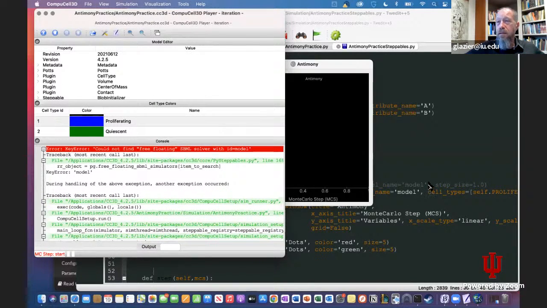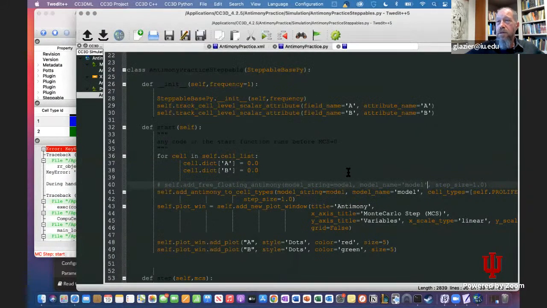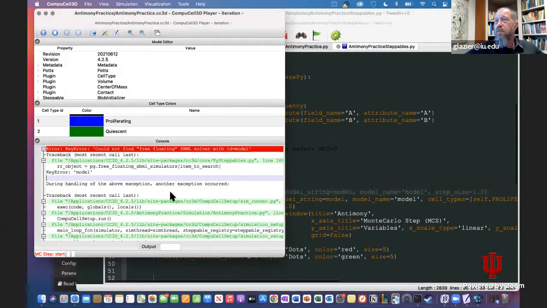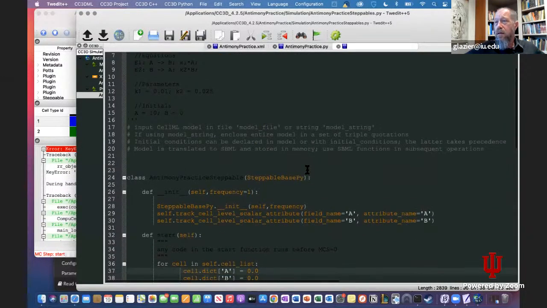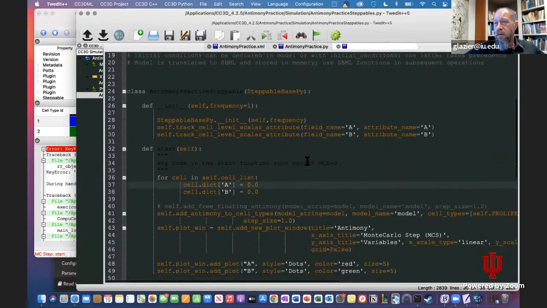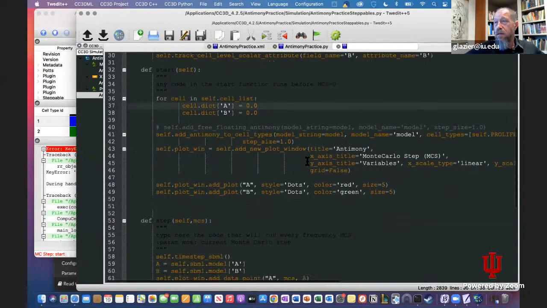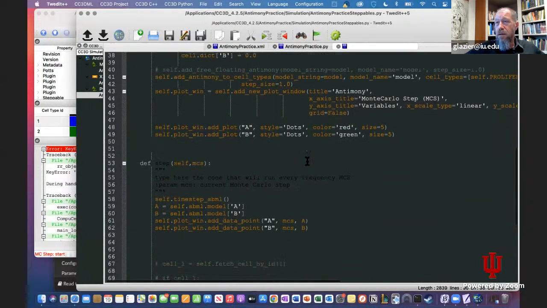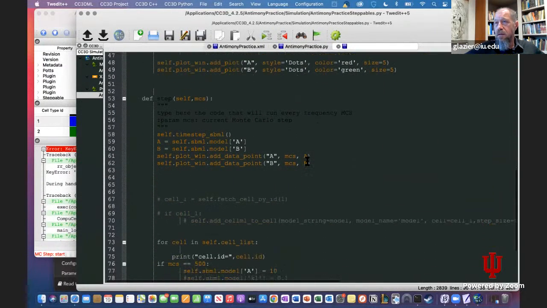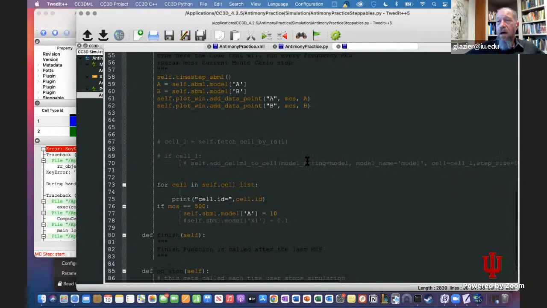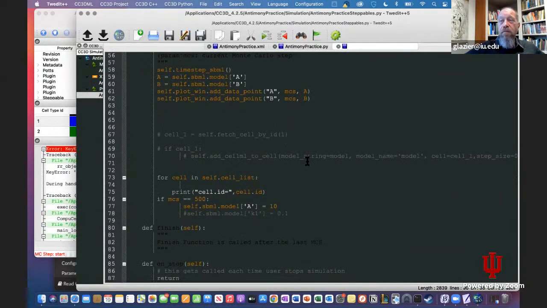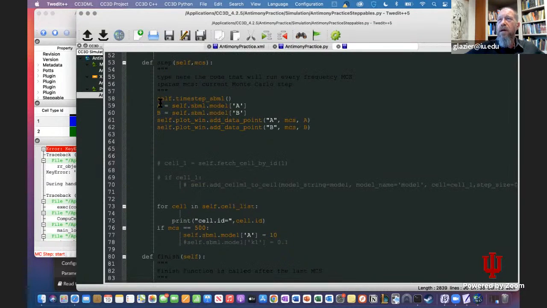Let's see. Are we using that free floating model somewhere else? That looks okay. Oh, there's no self.sbml model anymore in line 77, but that's not where it's crashing.